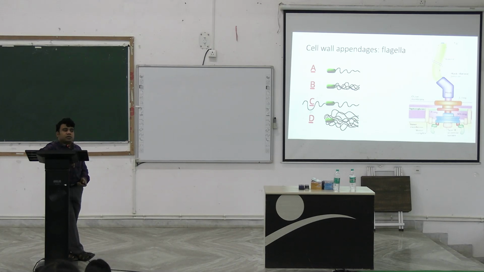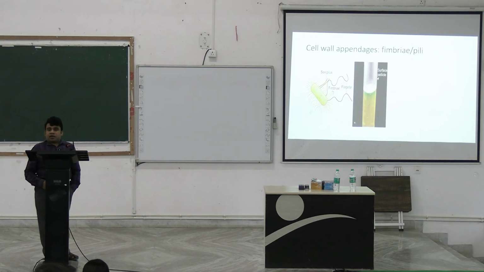It is called lophotrichous. It may have flagella at both ends. It is called amphitrichous. Or the bacteria may have flagella all the way around. It is called peritrichous. Peri means surrounding. Okay.